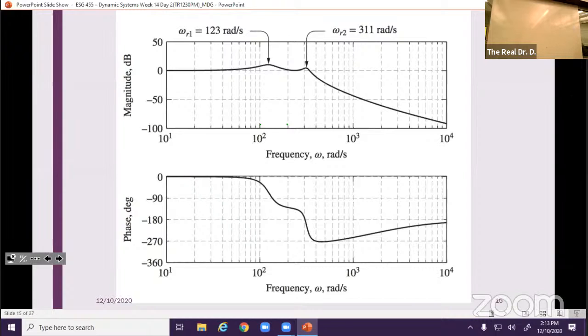Which means I've got to take 20 times log of 1.5, which is 3.5-ish, 3.5218 something.